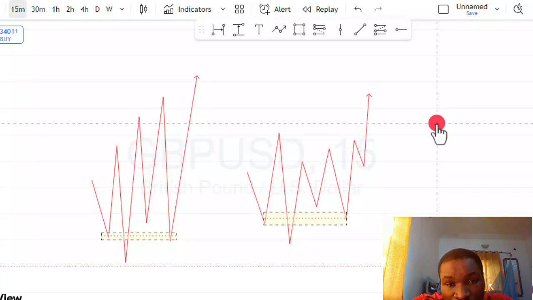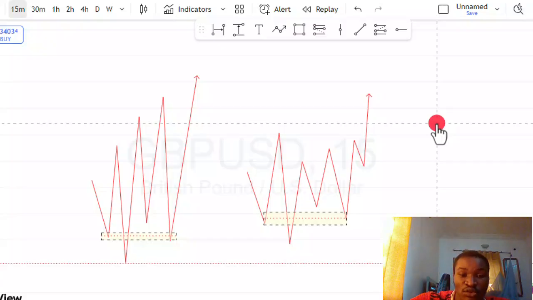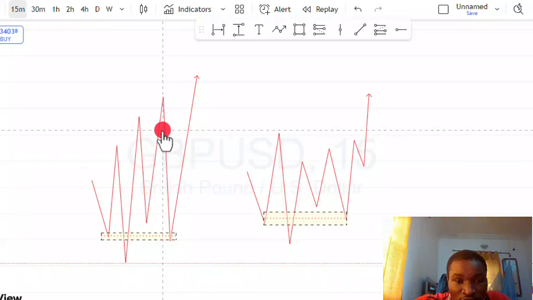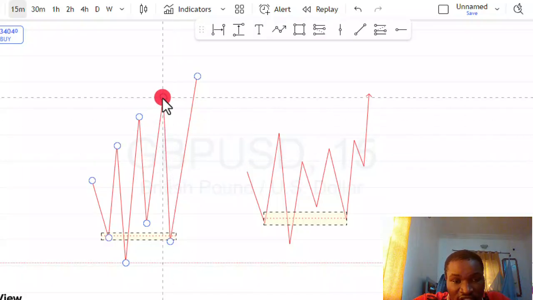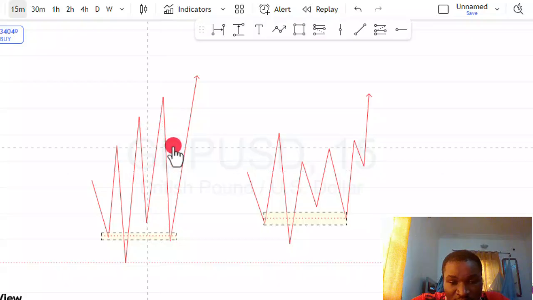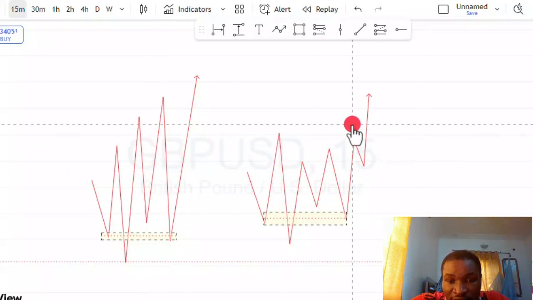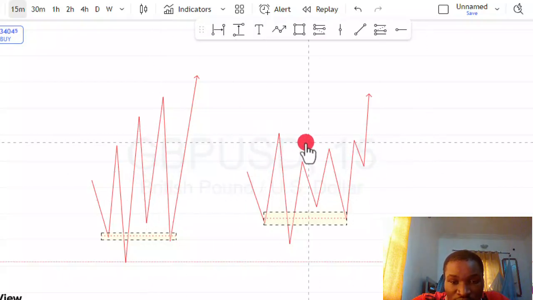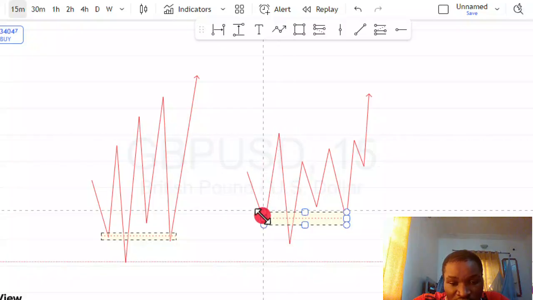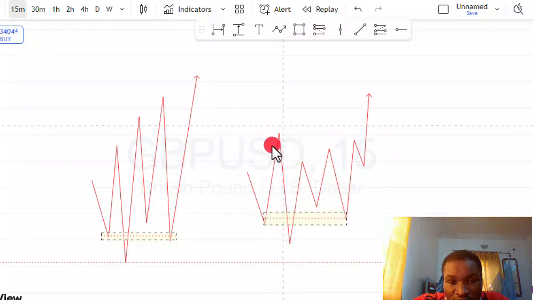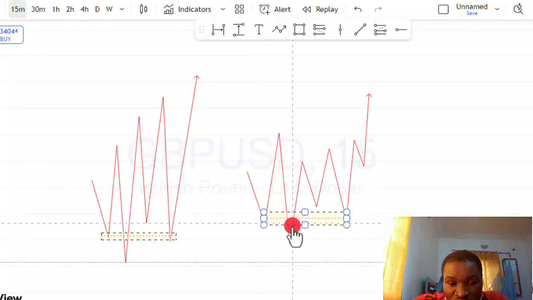So in this video today, I'll be diving into the second entry model. I've already shown examples of the first entry model and how it may occur. I'll be showing chart examples for this second entry model, which is when there is a sweep.